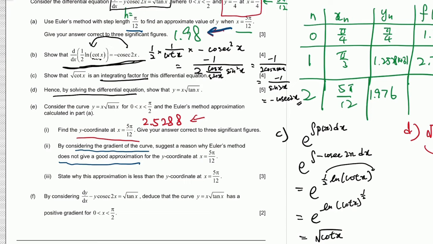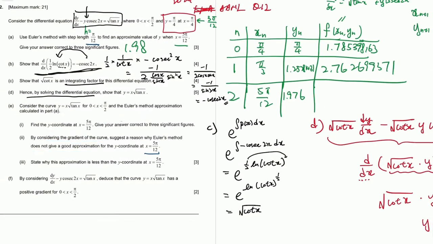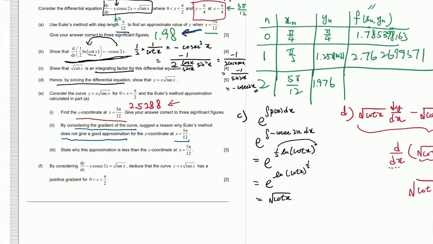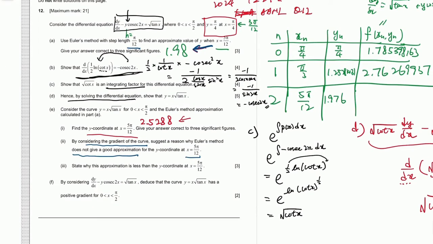They ask us to consider the gradient of the curve. I don't really know what that means. But it says to consider the gradient. The gradient of the curve is really dy dx. So they want us to consider this.